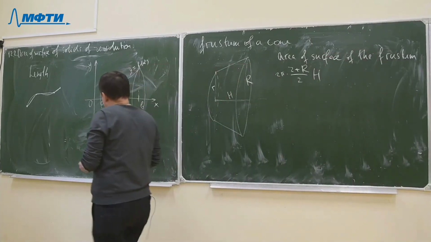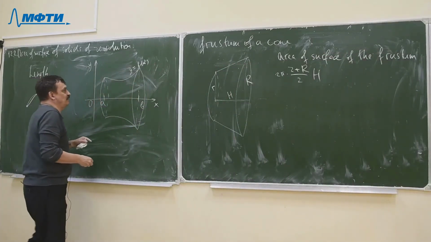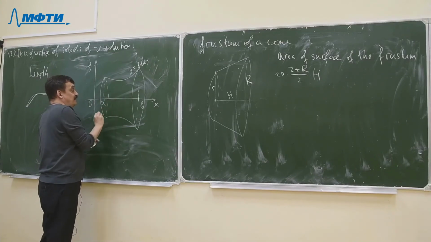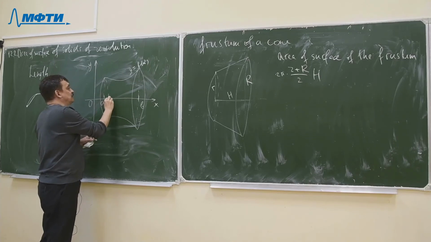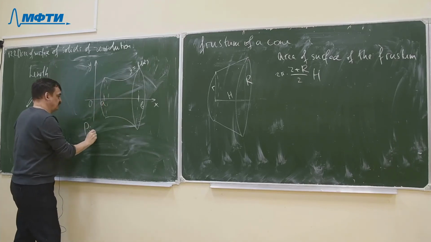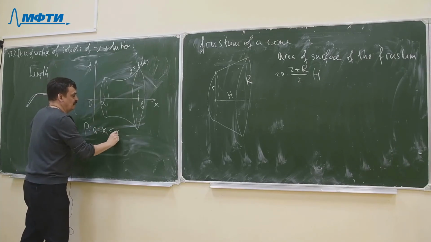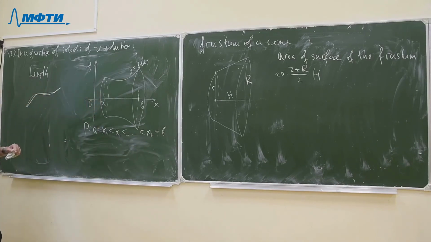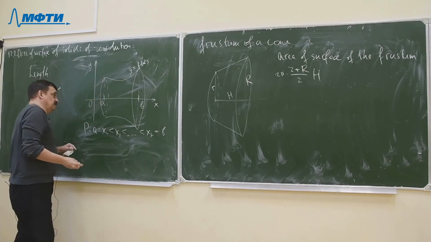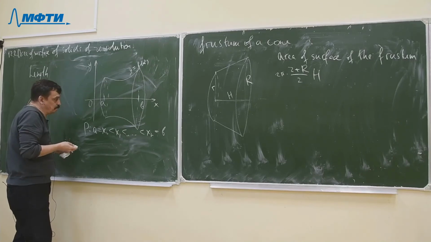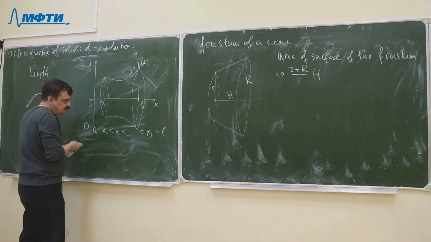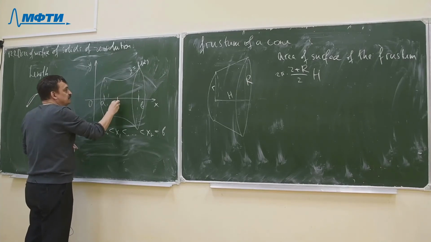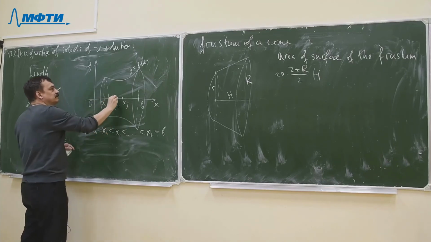Now, we proceed in a similar way as we did for length. So, we consider again a partition, and then we consider one small interval, right?